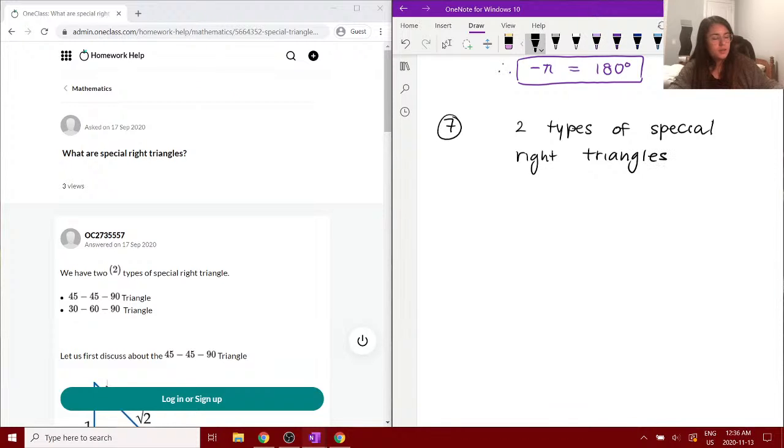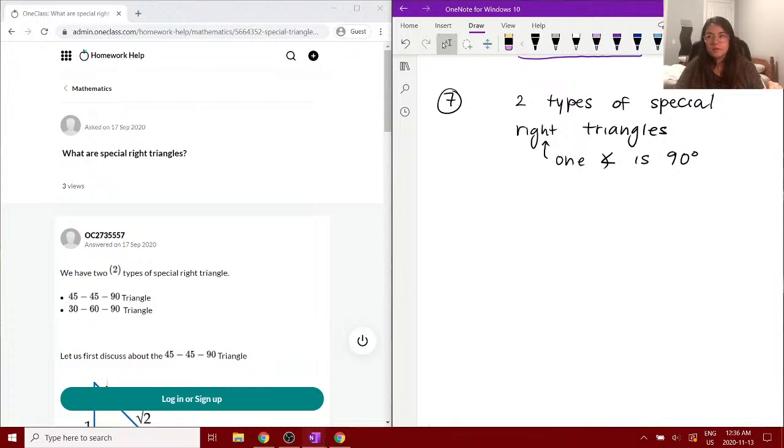So remember, a right triangle means that one angle is 90 degrees. So this symbol I just drew here is a symbol that means angle. So right triangle means that one angle in the triangle is 90 degrees. So there's two types that we're going to talk about.